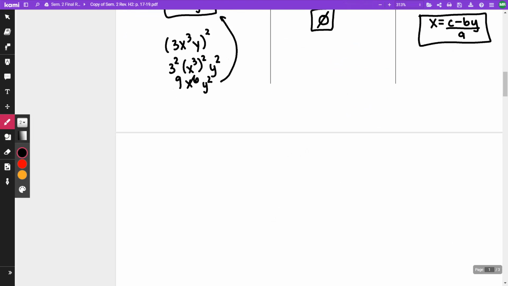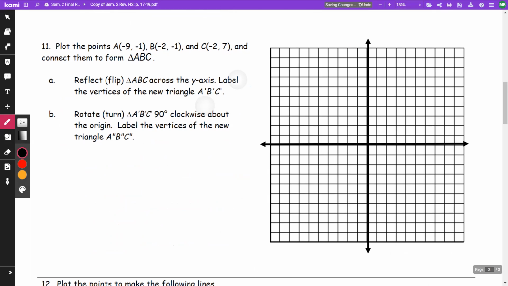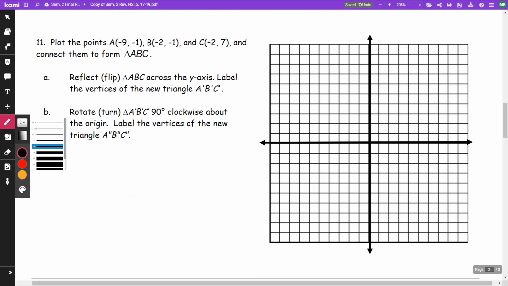For 11, for this one, we're going to plot these points. So I'm going to plot a as negative 9, 1, 2, 3, 4, 5, 6, 7, 8, 9, negative 1. And b is negative 2, comma, negative 1.